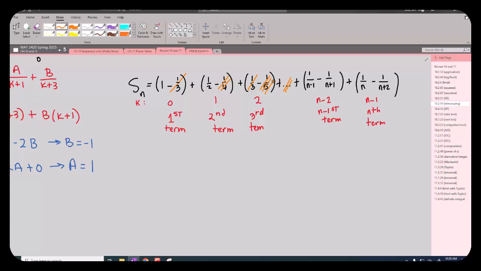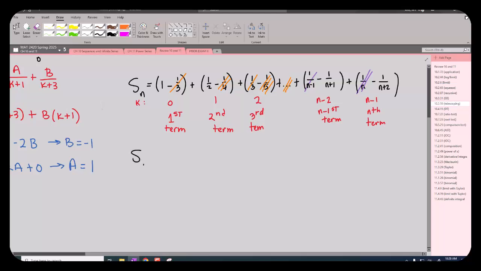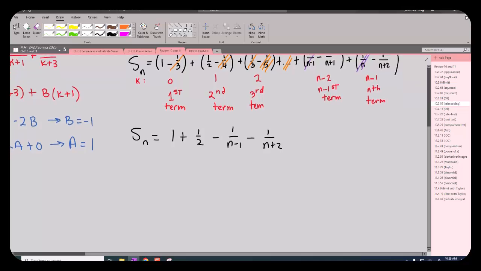So first parts are canceling. This first part is going to cancel with this one; if we plugged in k equals n minus 3, it would cancel right there. So the important thing is that there are going to be 1, 2, 3, 4 terms that are not canceling. So we can simplify S sub n to be 1 plus 1 half minus 1 over n minus 1 minus 1 over n plus 2. So that is S sub n.